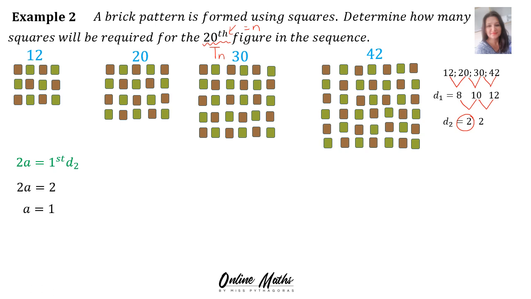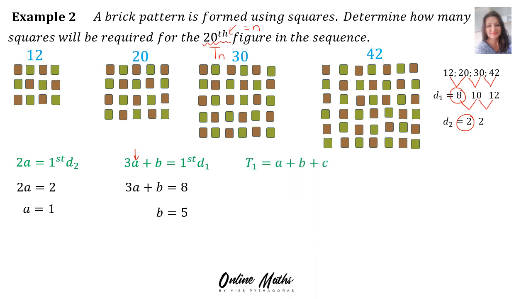Let's solve for a. a is equal to 1. The next help formula is 3a plus b is the first difference, and the first difference is 8. In a's place here, we're going to substitute 1. Therefore, b is equal to 5.